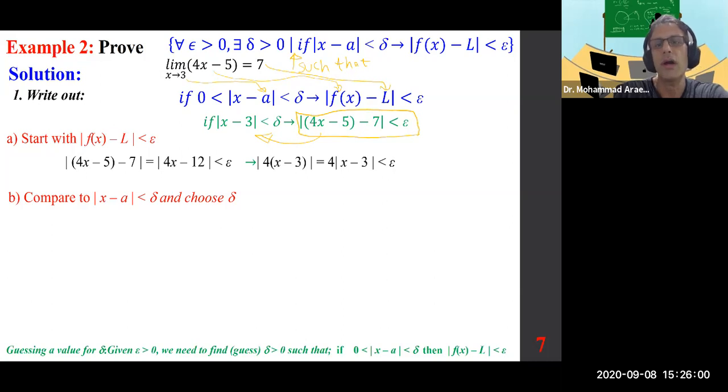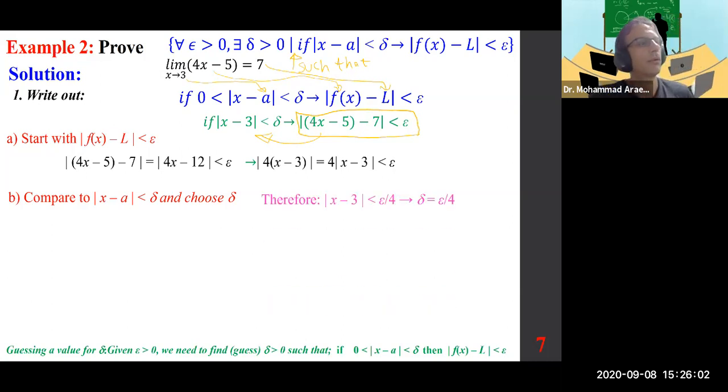So if you divide this by 4, we are going from here to here. And division by 4 gives us epsilon over 4. Now compare this to absolute value of x minus 3 less than delta. Therefore, the choice of delta must be epsilon over 4.